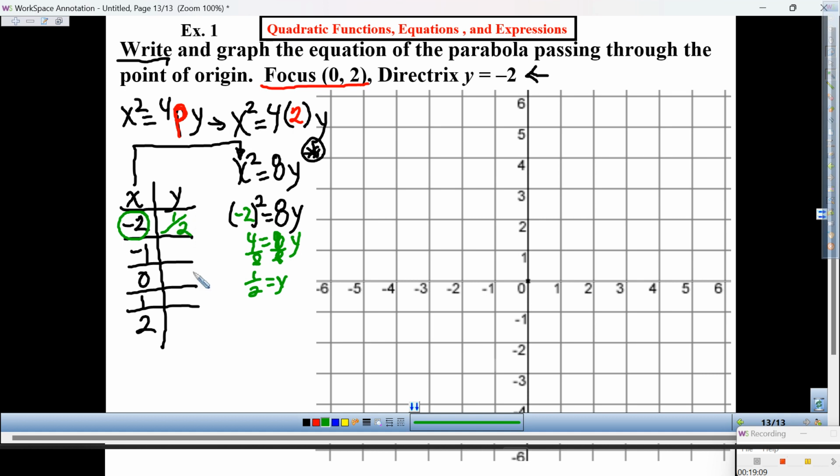Let's do it again. Parentheses squared equals 8y. Next value that I'm going to substitute is what? -1. -1 squared, 1 equals 8y. To solve for y, what do we do? Divide by 8. So y equals 1/8.